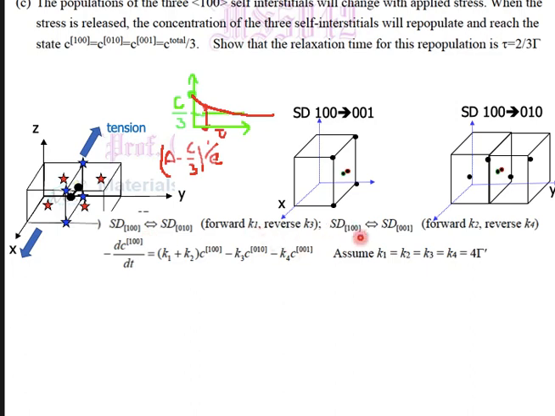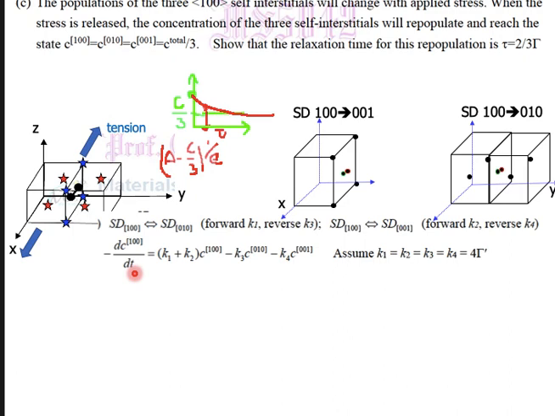So based on both these reactions, we can formulate the concentration change with time like this: K1 times this concentration plus K2 times this concentration. And the backward reactions will increase the concentration of 100, so it will be minus K3 times this concentration and minus K4 times this concentration.